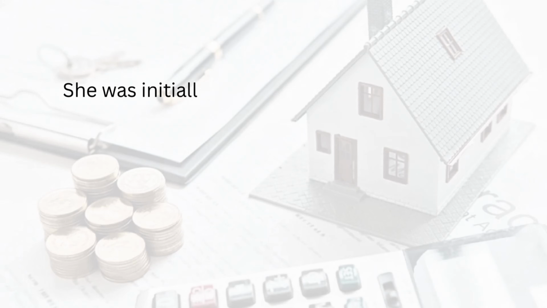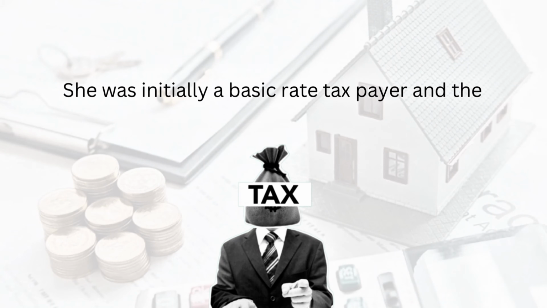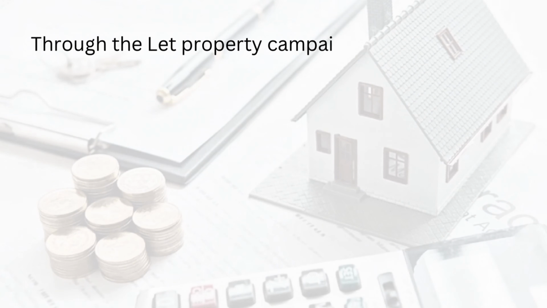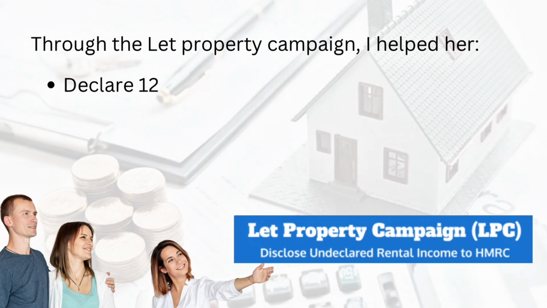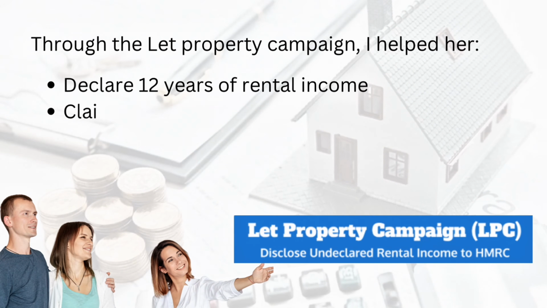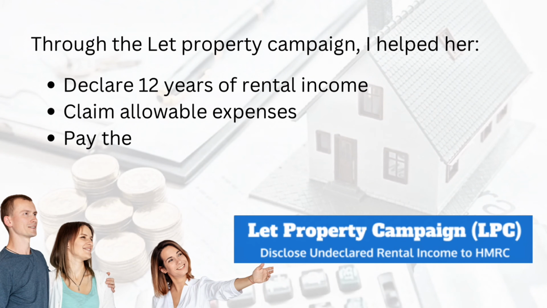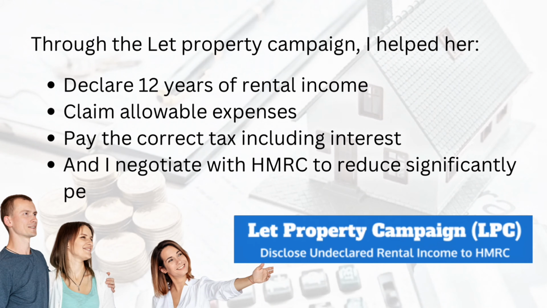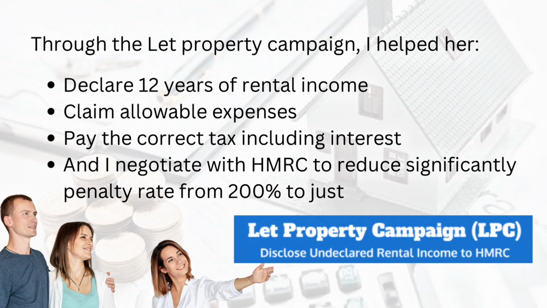She was initially a basic rate taxpayer and then became a higher rate taxpayer. Through the Let Property Campaign, I helped her declare 12 years of rental income, claim allowable expenses, pay the correct tax including interest, and I negotiated with HMRC to reduce the penalty rate significantly, from 200% to just under 23%.